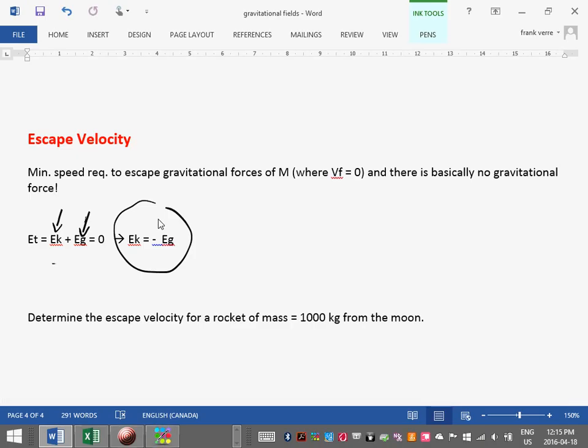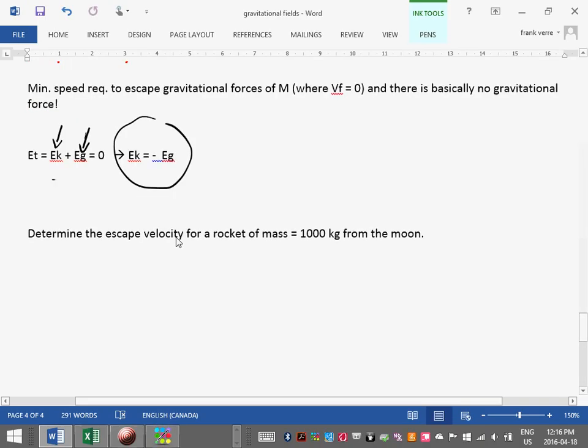So, let's figure out what minimum speed a rocket would need to take off from the moon to be able to escape its gravitational field. Now, the moon is not the Earth. Okay, so can someone Google the mass of the moon? And the radius of the moon? So what's the mass of the moon?